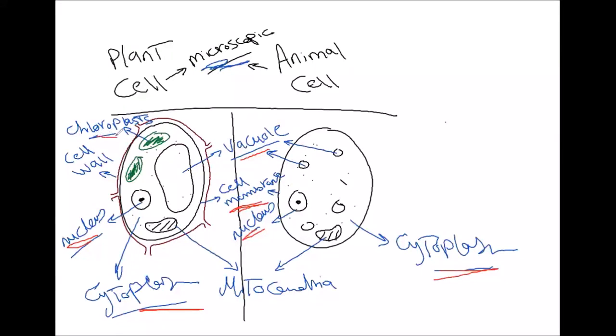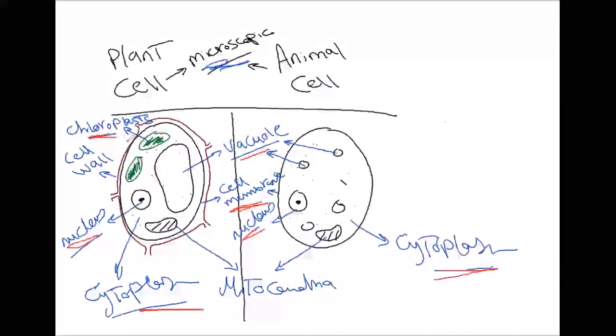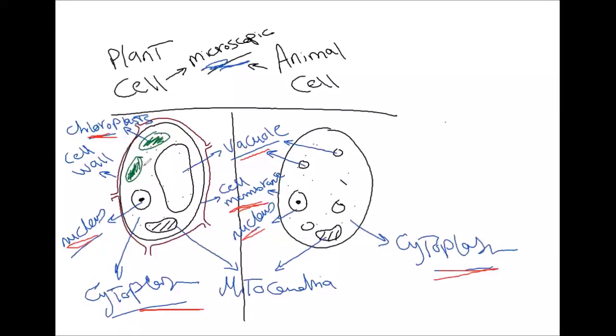The chloroplast is something that only plant cells have, because plants make their own food, so they need components to take in the sunlight and the carbon dioxide and make food for the plants.